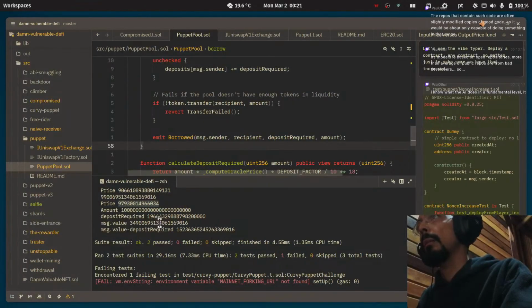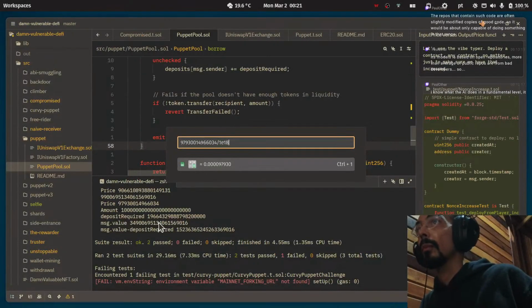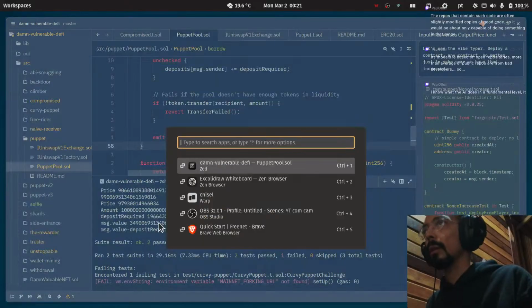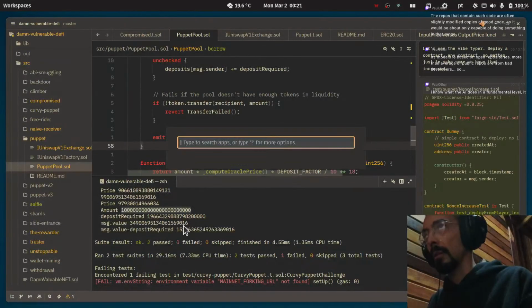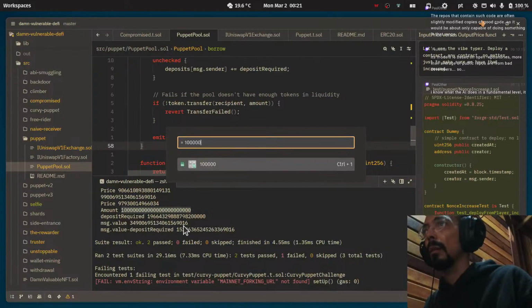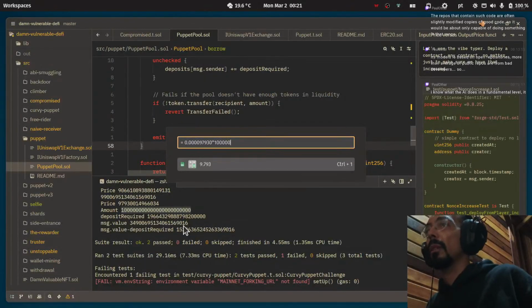So I was really missing 10. These multiply by, how much is this? Plus 9.